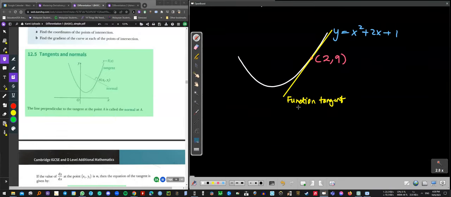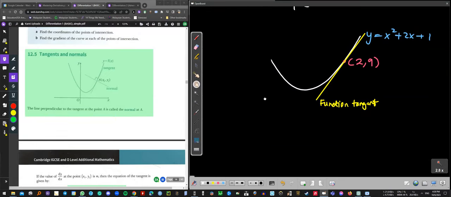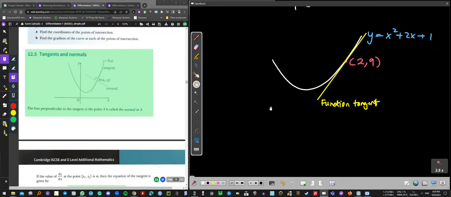The formula is very simple. I derive it from the gradient function. Remember the gradient function? M equals y2 minus y1 over x2 minus x1. This one is your basic, right?